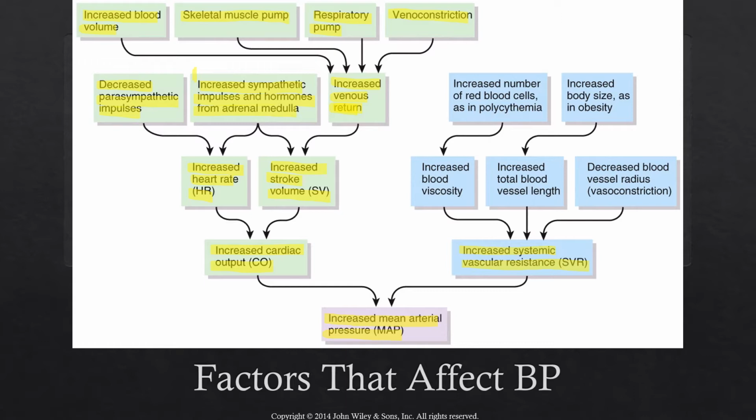Now on the other side here, in the blue boxes, we're going to have that increase in red blood cells is going to cause an increase in blood viscosity. Remember, we're going to have more red blood cells with respect to the fluid, which is going to cause the fluid to flow less, have a higher viscosity.